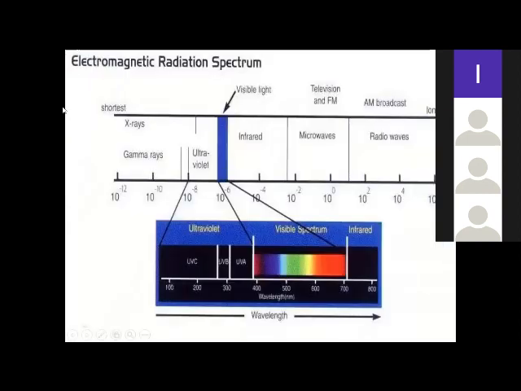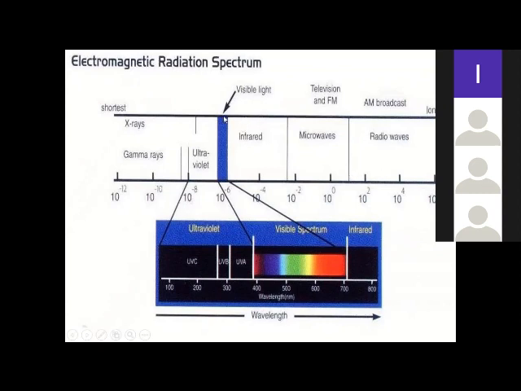Now, we'll look at the radiation input in our system. It's coming from electromagnetic radiation, the sun's radiation. As you can see, this is the solar spectrum. We have the wavelength and the different types, which we label as gamma rays, X-rays, ultraviolet rays, infrared, microwave, radio waves, and so on.